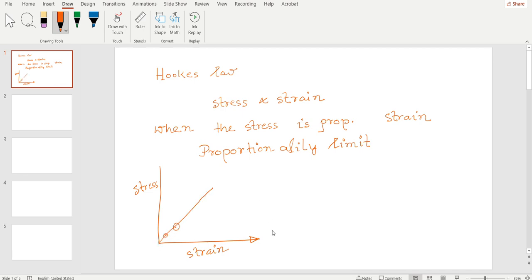That means if y is proportional to x, there will be a linear relationship. And the point up to which the linear relationship exists is called the proportionality limit.